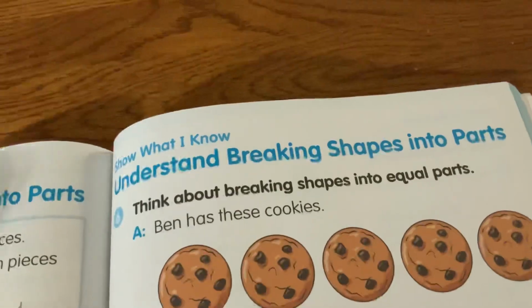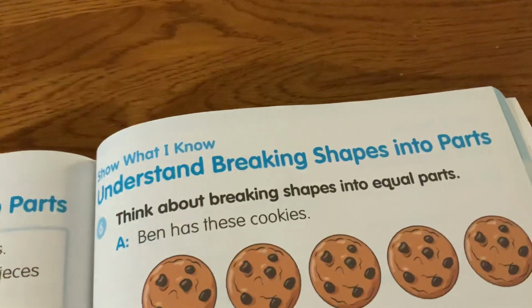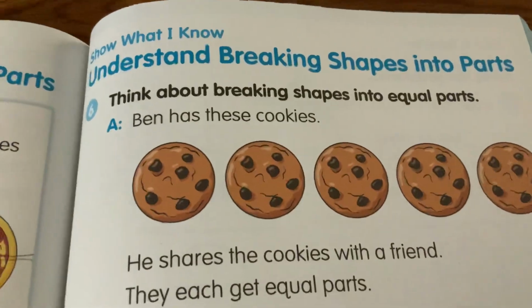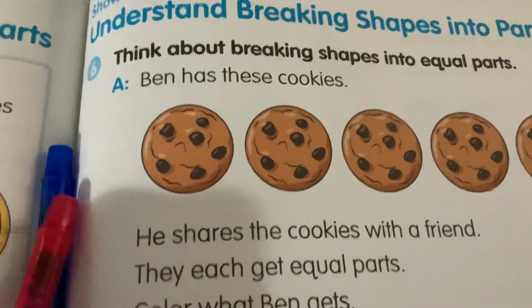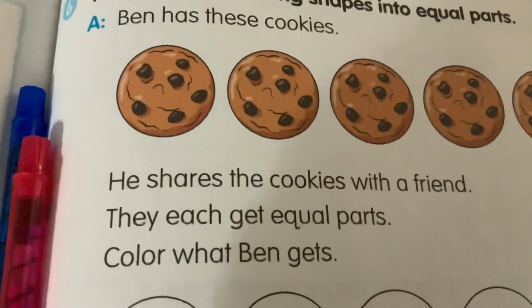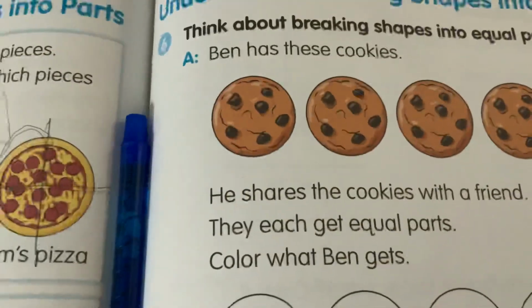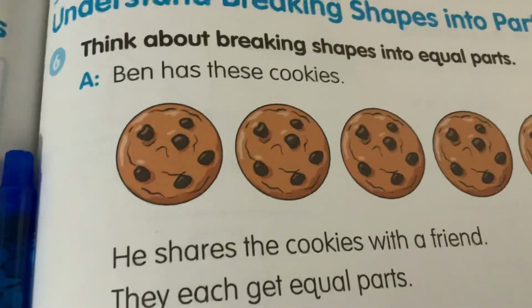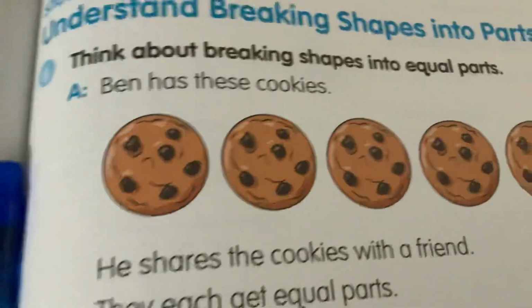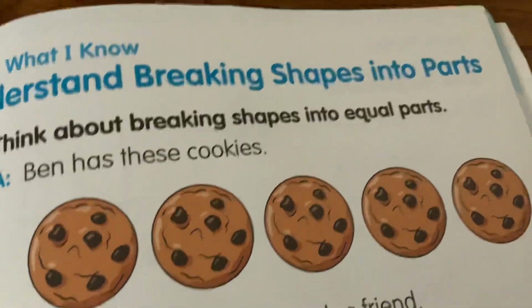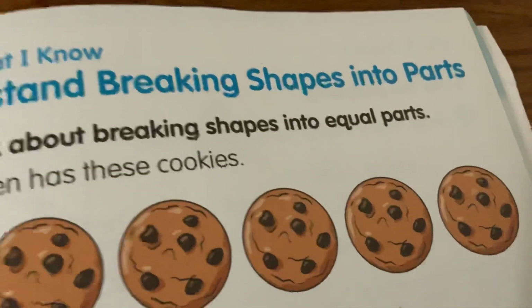So let's think about how you can divide up these cookies when you have 2 people. It says Ben and a friend. So let's call the friend Michael. Ben and Michael are going to share these cookies.